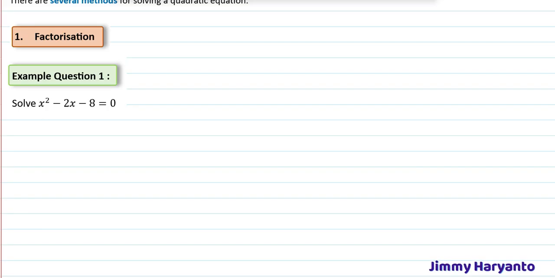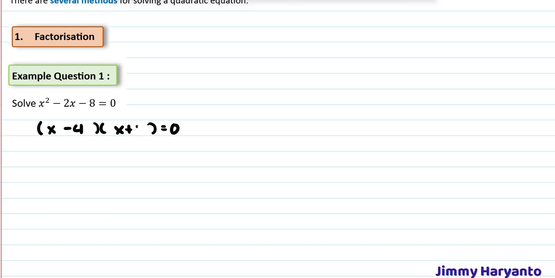Okay, so I don't know what methods you learned in the previous grade for factorization, but this expression can be factorized into these factors. Yeah, so x minus 4 and x plus 2. And then because we want to find the value of x and the multiplication equals 0, that means we can conclude that the x minus 4 can be 0, or the x plus 2 also can be 0.